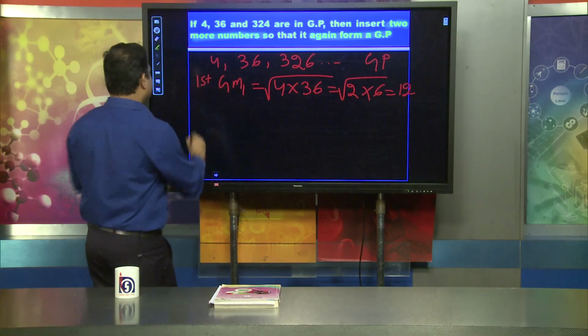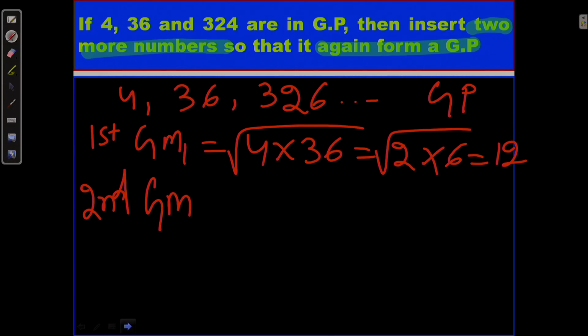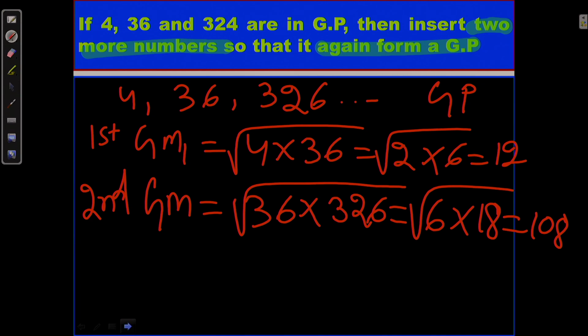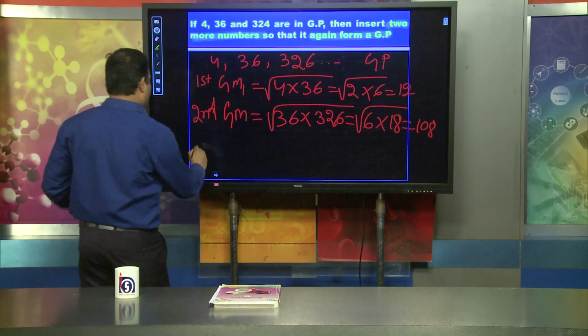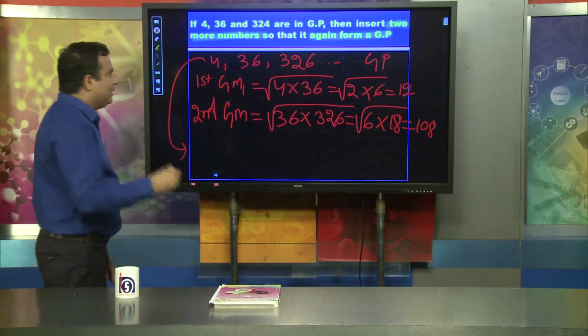Suppose the second geometric mean, I can write as the square root of 36 into 324. So I can write 6 into 18, which is 108.